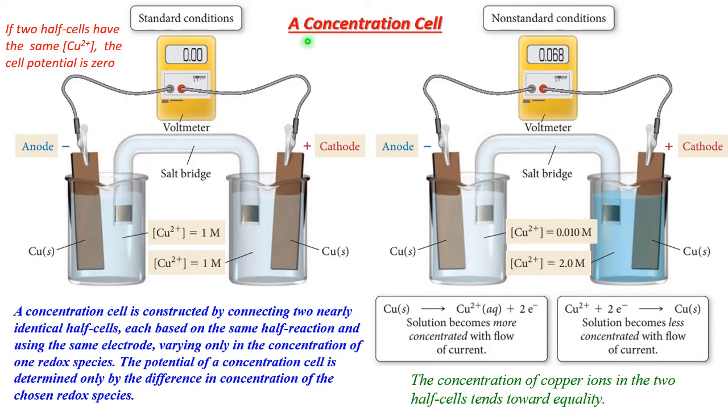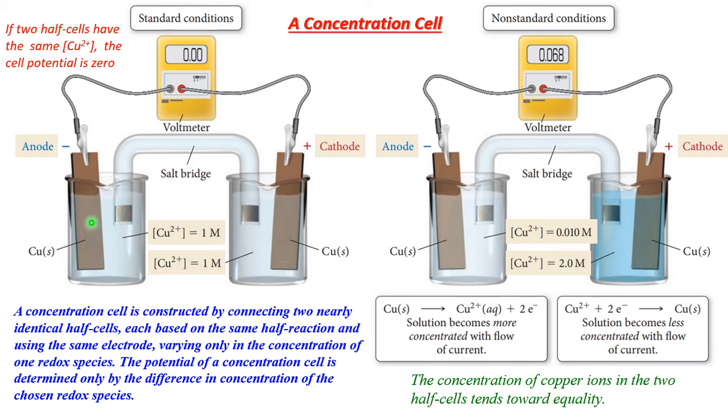Next example, concentration cell. Let's consider two exactly identical electrodes put in exactly identical solutions. So two half cells have the same concentration of copper and exactly identical copper pieces.